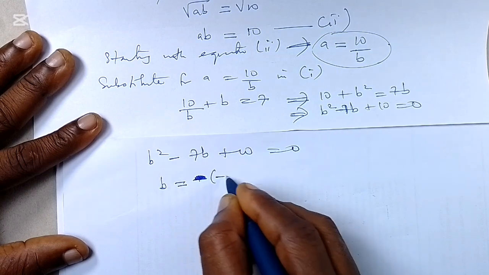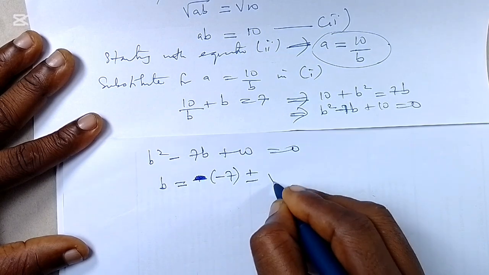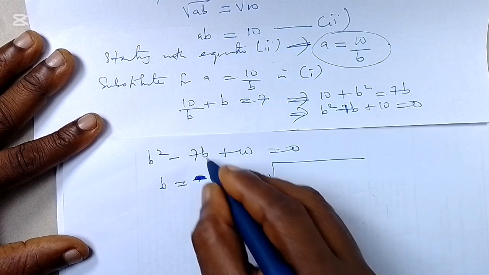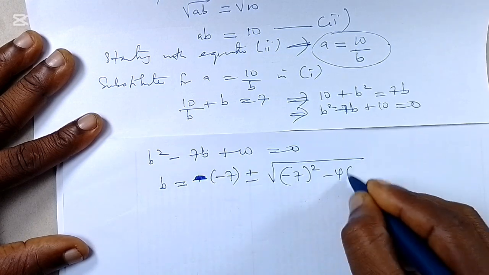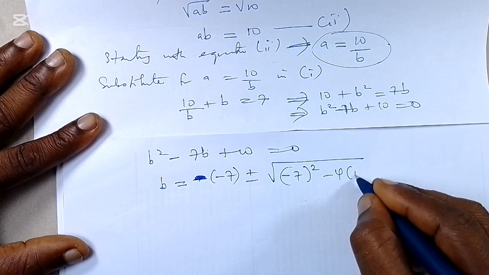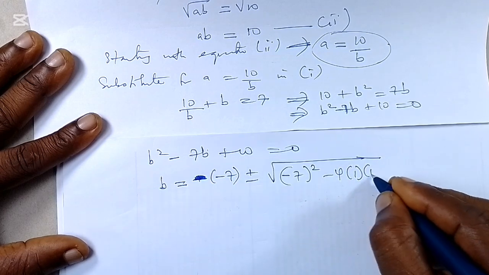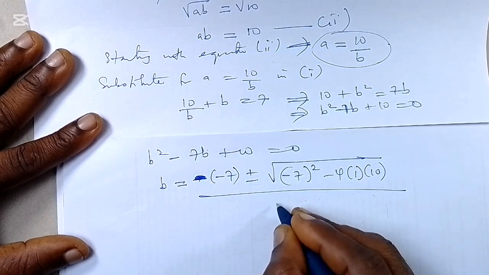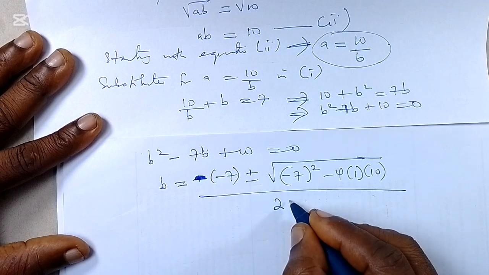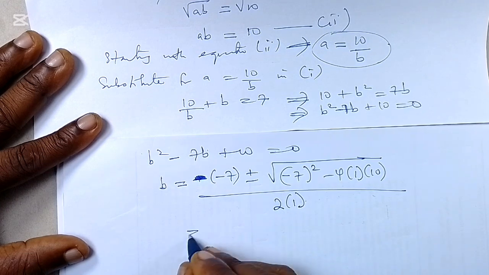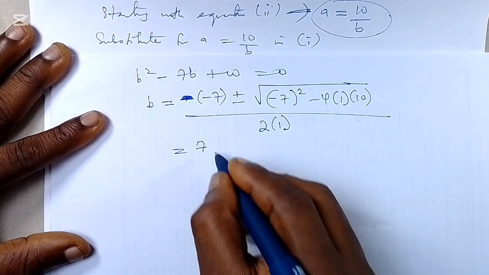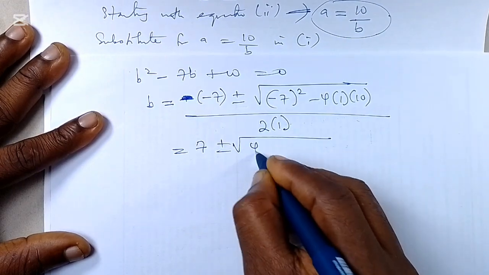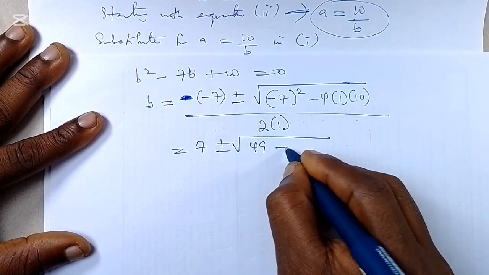So this will be minus minus 7 plus or minus the square root of my coefficient of the linear term, minus 7 squared, minus 4 times the coefficient of B squared, which is 1, times the constant term, which is 10, all over 2 times the coefficient of B squared, which is 1. And minus times minus 7 will give me 7. And that will give me plus or minus the square root of 49, which is minus 7 squared, minus 40.